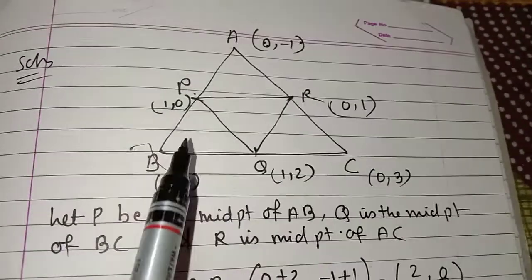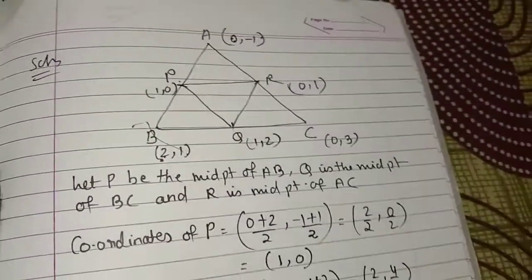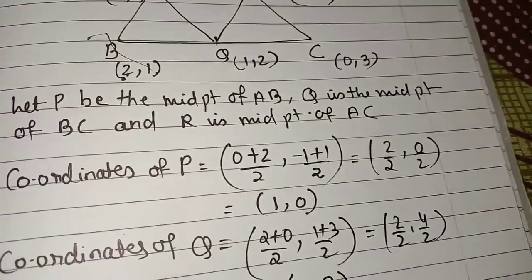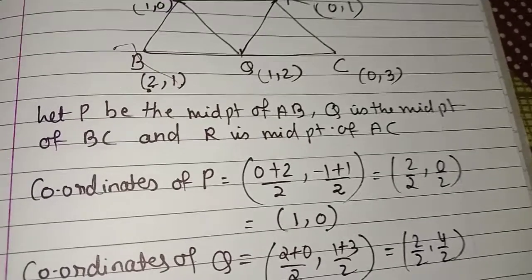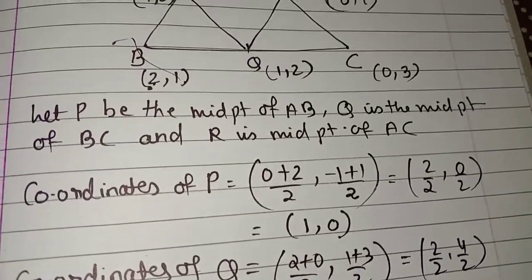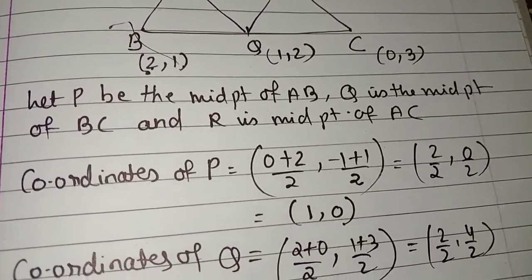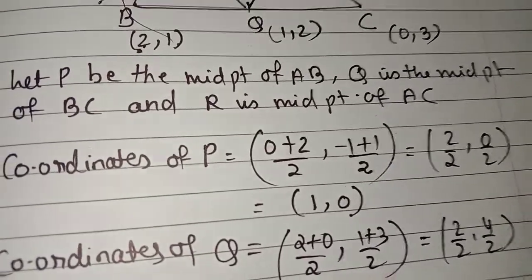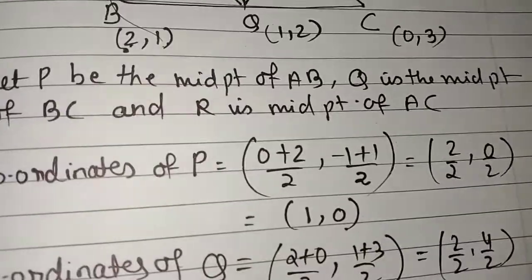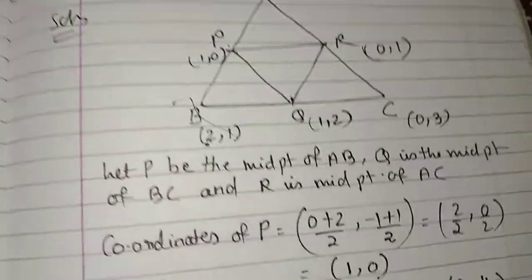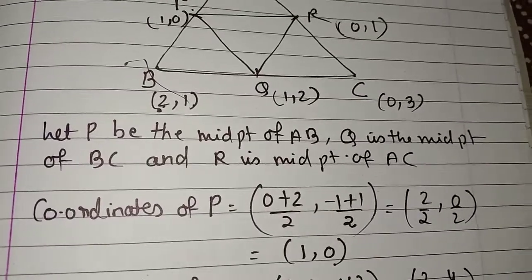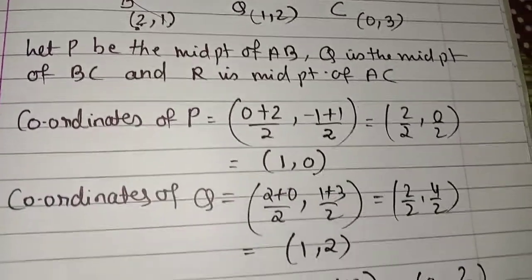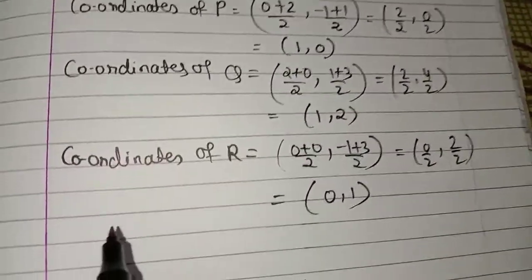Now I have to take the ratio of the area of PQR and the area of triangle ABC. So again, in my last segment I have given the formula. We have to use that formula to find the area. So I will write here area of triangle.